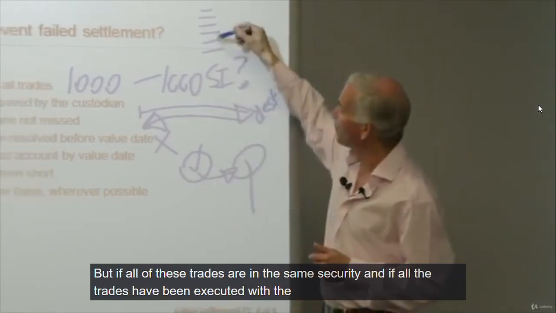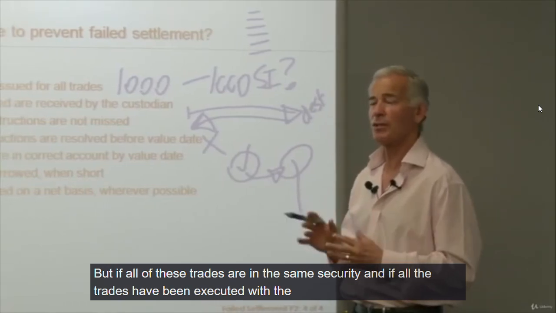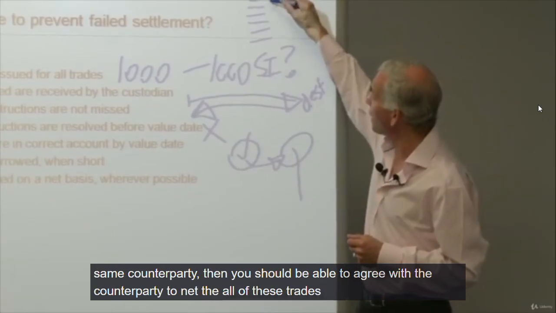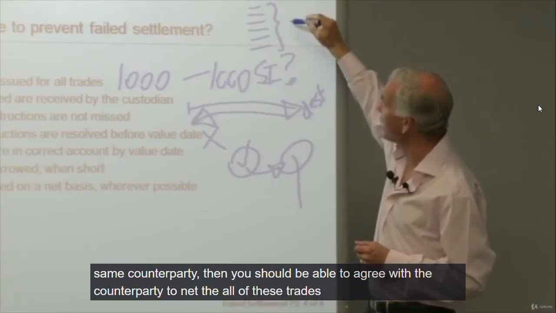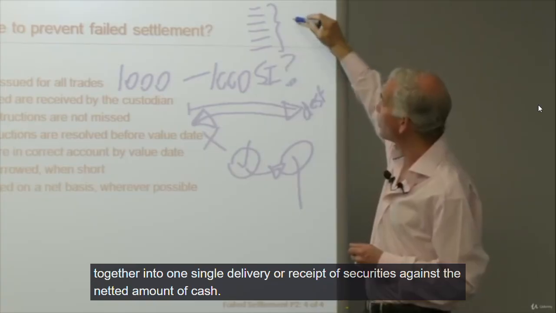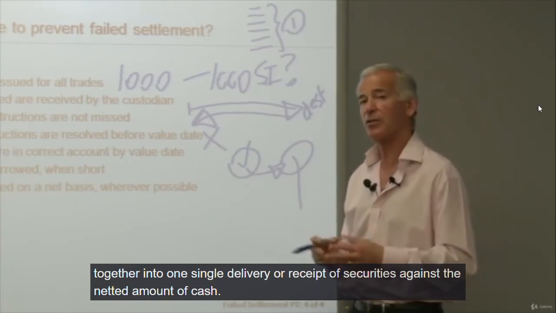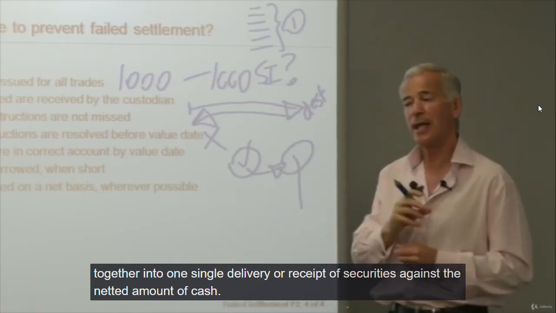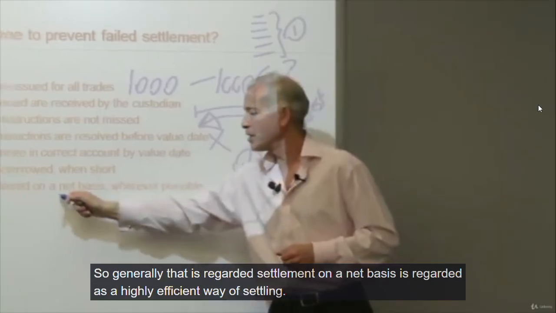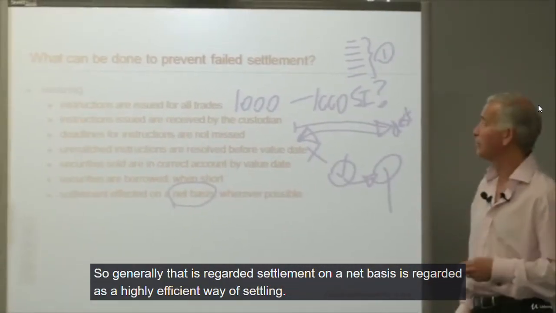But if all of these trades are in the same security, and if all the trades have been executed with the same counterparty, then you should be able to agree with the counterparty to net all of these trades together into one single delivery or receipt of securities against the netted amount of cash. So generally, settlement on a net basis is regarded as a highly efficient way of settling.